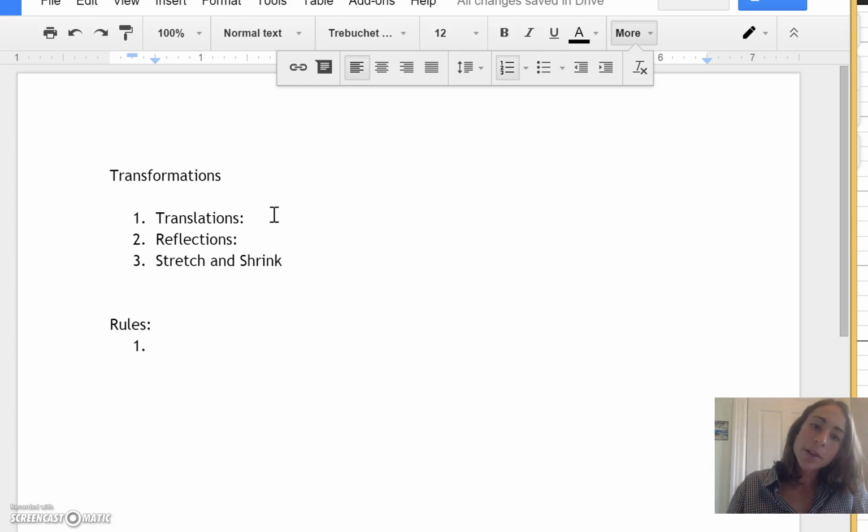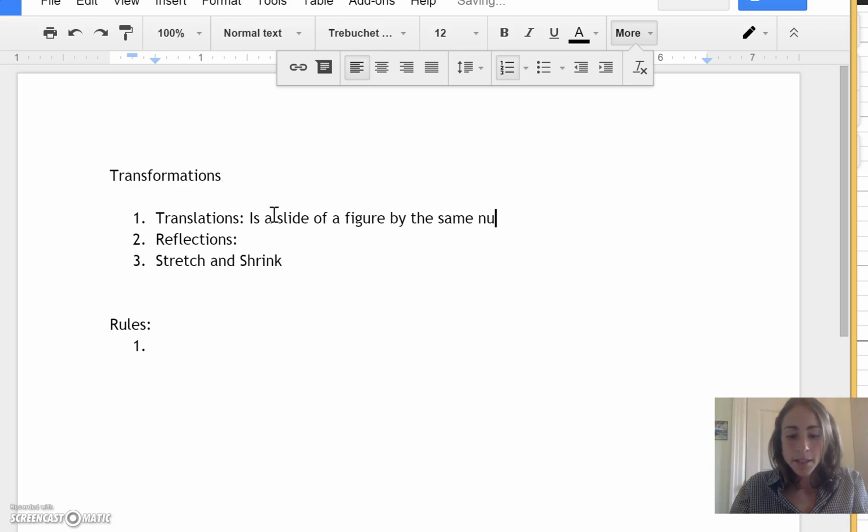In the last video you'll remember that a translation just meant that every point of a graph was shifted by the same number of units, either up, down, left, or right. So we can say that a translation is a slide of a figure by the same number of units and in the same direction.